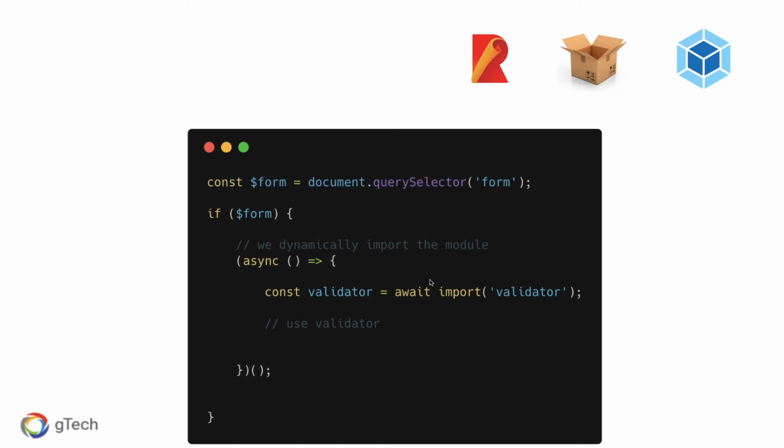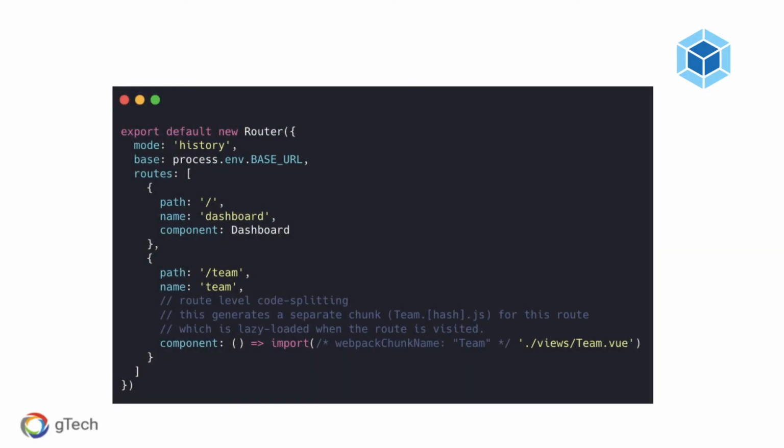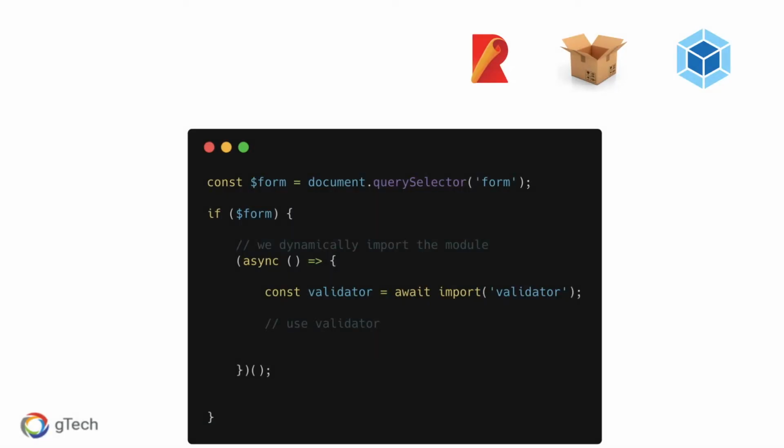If that's the case, I will import my library, but only if I'm on the page that contains a form. So then, this will create different chunks in our bundle. The chunks will be separated and only loaded when we are on a form. And all this logic is handled by your bundler like Webpack.